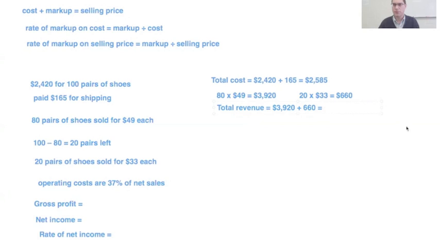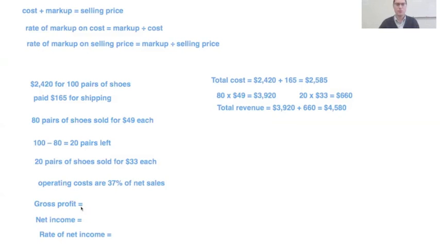See if I can do this one in my head. 4,580, I think. Better check that. 3,920 plus 660. Yay, I'm right, 4,580. That's the total revenue. So that's the total amount of money that the store received from the sale of all the shoes.